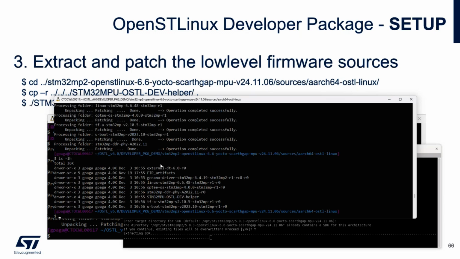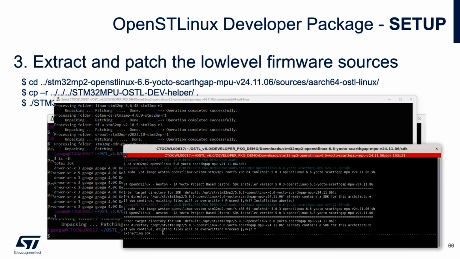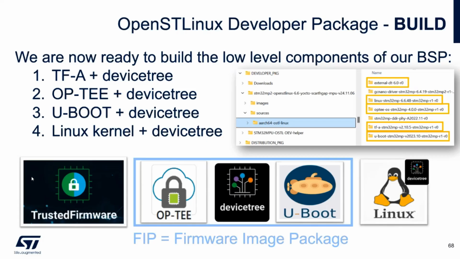Okay, we have the external device tree, Linux, OP-TEE, TF-A, and U-Boot. While the installation of the cross compiler is proceeding, we can go ahead with our operation.